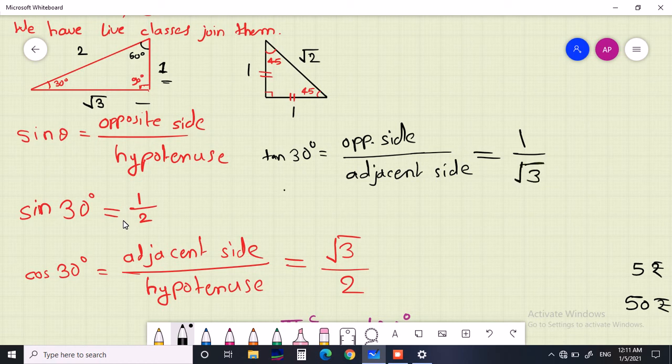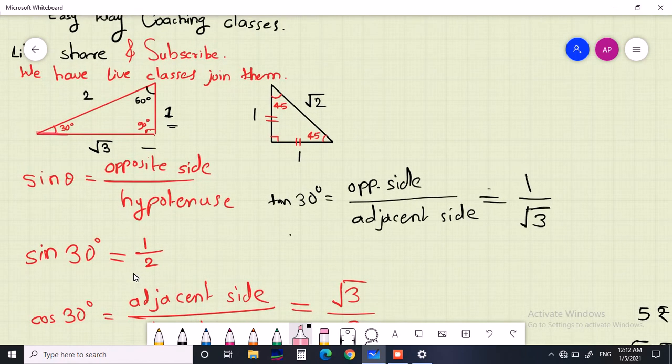I see a lot of students who mug all the formulas. Instead, remember these two figures and all problems will get solved. Pay attention carefully. This is a right angle triangle having angles 30, 60 and 90.